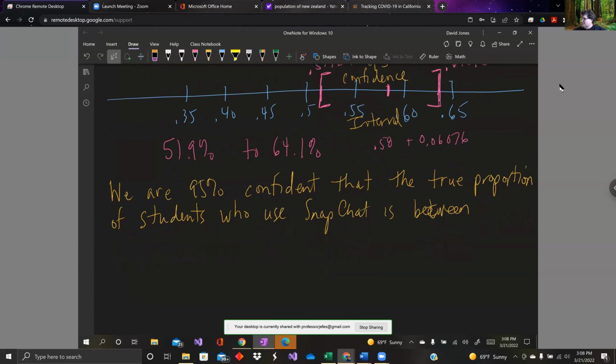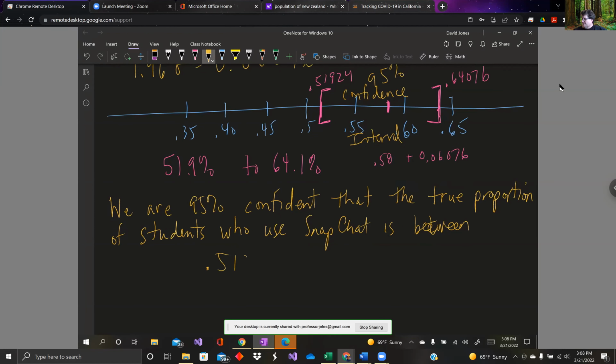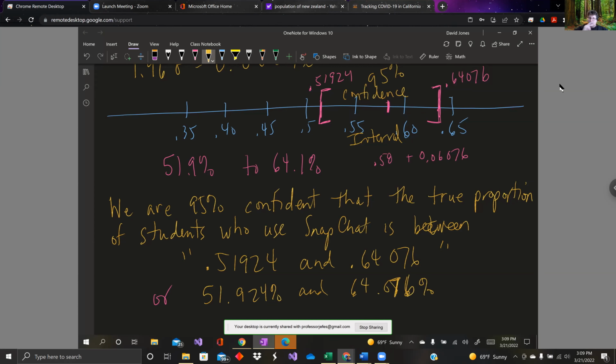I could say the decimal version, 0.51924 and 0.64076. Or I could finish that sentence with 51.924% and 64.076%. So I could finish it two ways. I think most people, when you're reading something, find the percentage makes more sense.